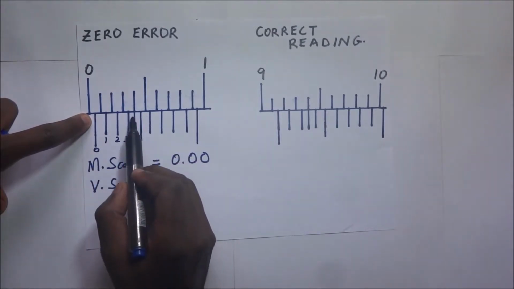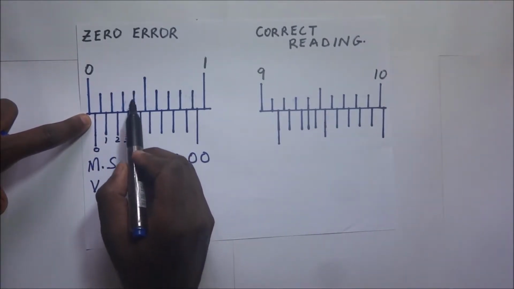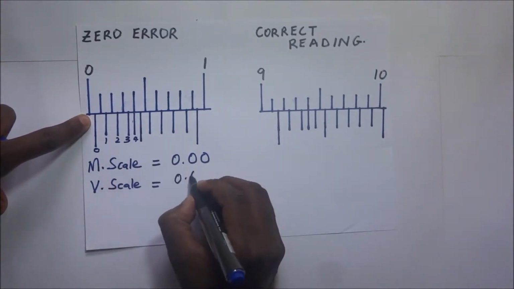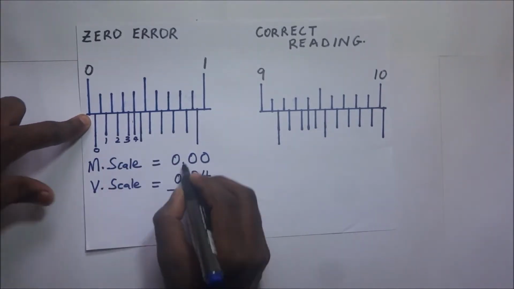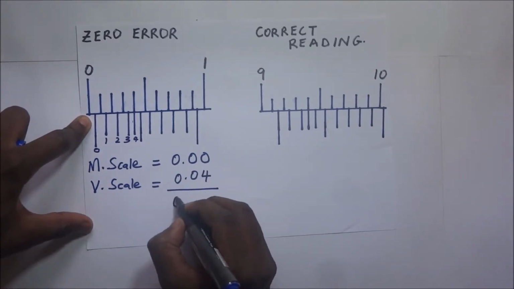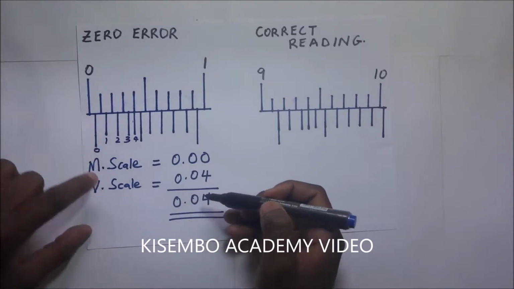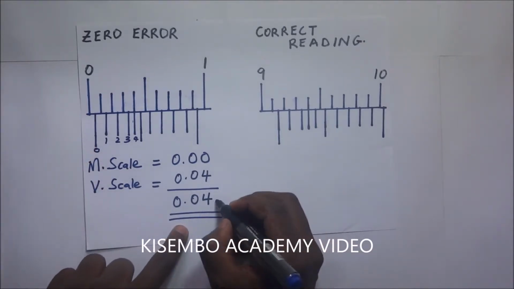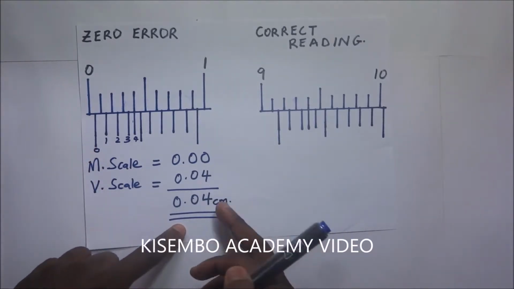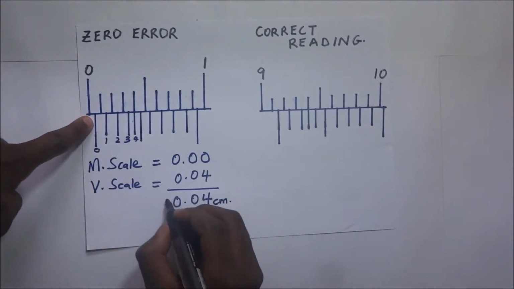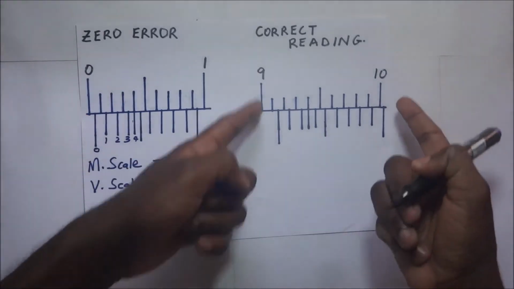It is the fourth graduation that is coinciding with a mark up. So it means that it's going to be 0.04. When you add the 0.00, it's going to become 0.04. So this 0.04 centimeters is our zero error, and it's in the positive direction, so this is positive 0.04.